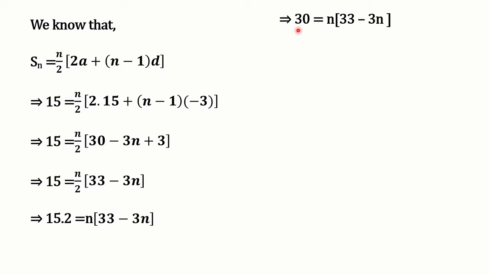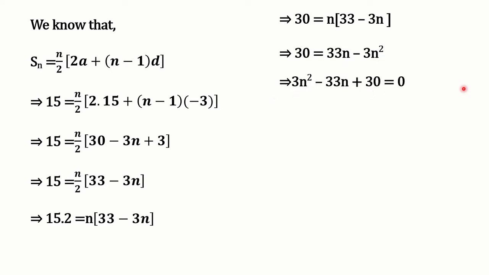15 into 2 is 30. The remaining terms are copied as it is. Now in right hand side, you can check n will multiply 33 and n will multiply 3n to get 33n minus 3n square. Now we will bring all these terms from right hand side to left hand side to get this line.